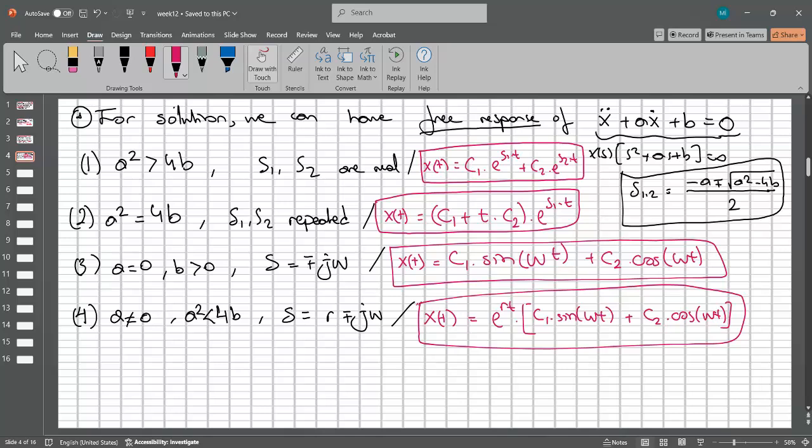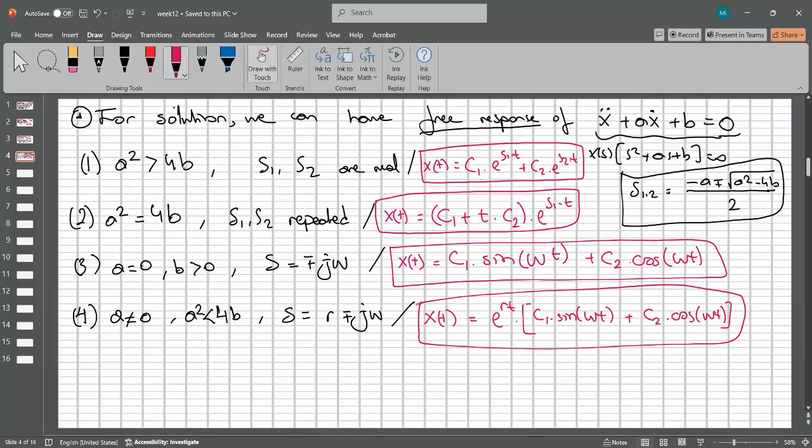So, just remember the previous lesson. We have talked about the stable, unstable, and neutral state. Right? What's the meaning of stable, or the stability in control or system dynamics?